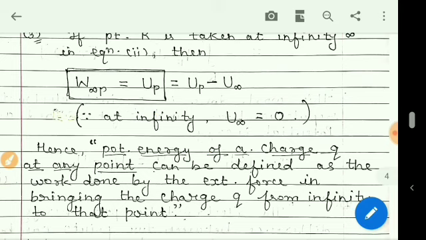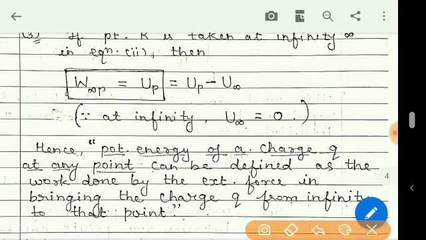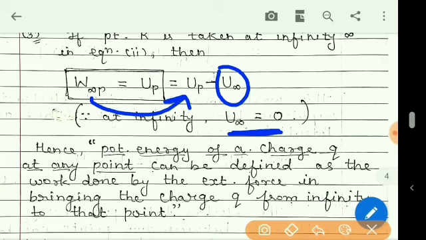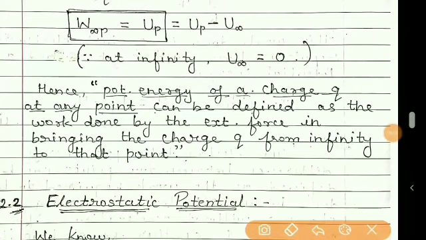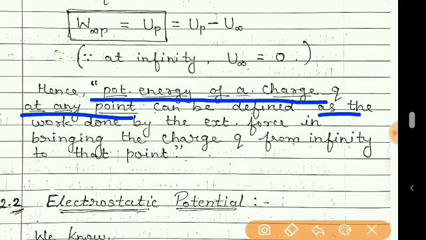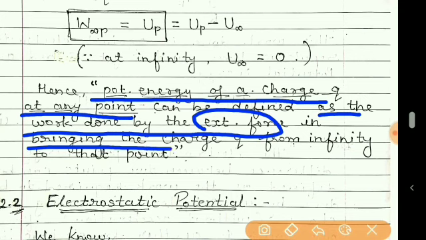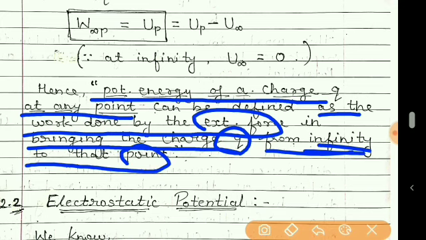And so if we put U of infinity equal to 0 here, then we will simply get the work done as UP only. Hence, we can define the potential energy of a charge Q at any point as the work done by the external force in bringing a charge Q from infinity to that point or a given point.